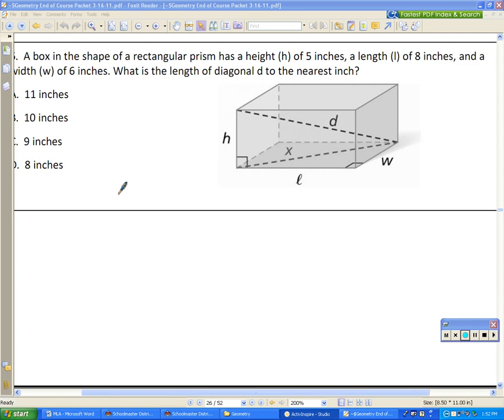So those would add up to be 125. And then how do I find out what D is? Take the square root. That would be 11 point something, but they want the nearest full inch. So that's going to be 11.